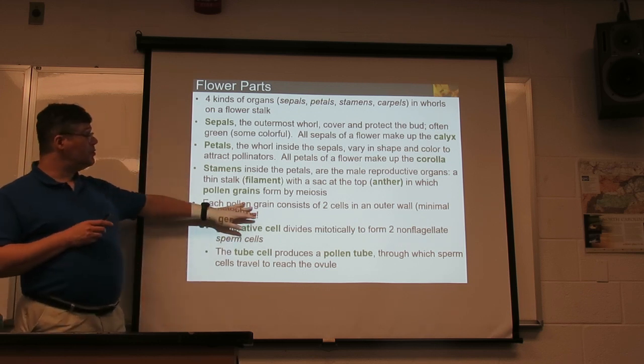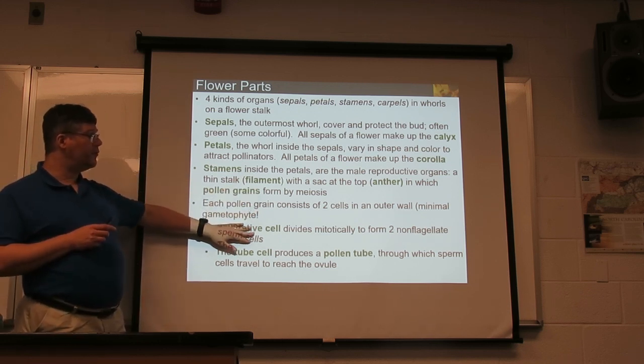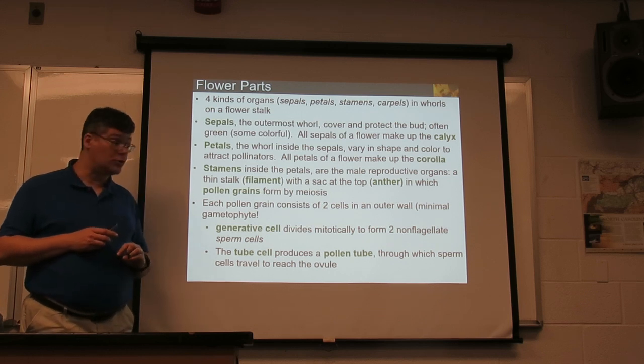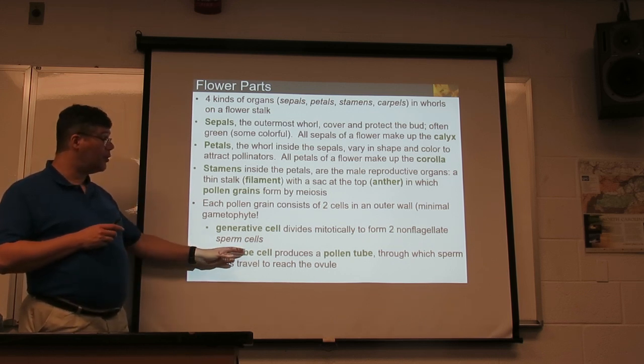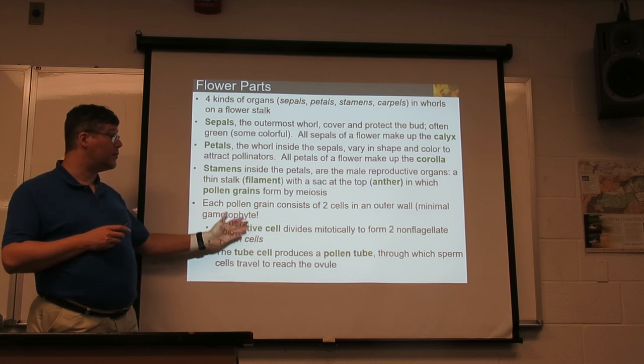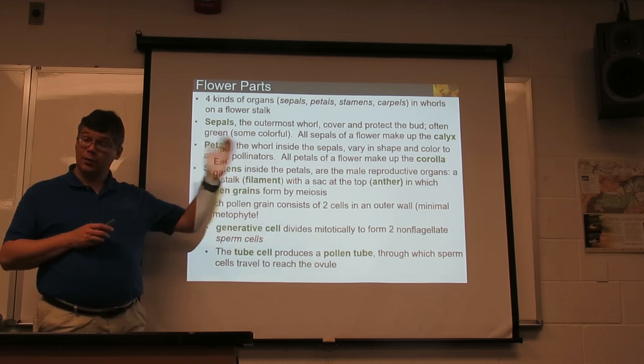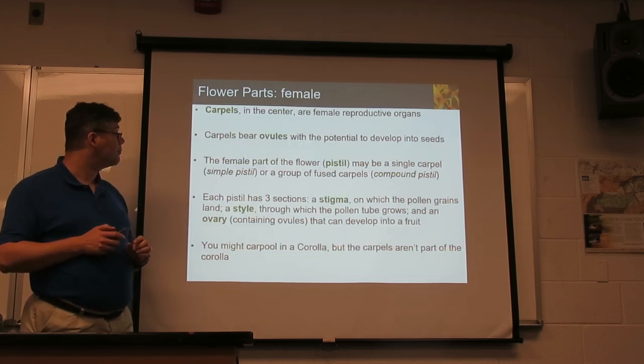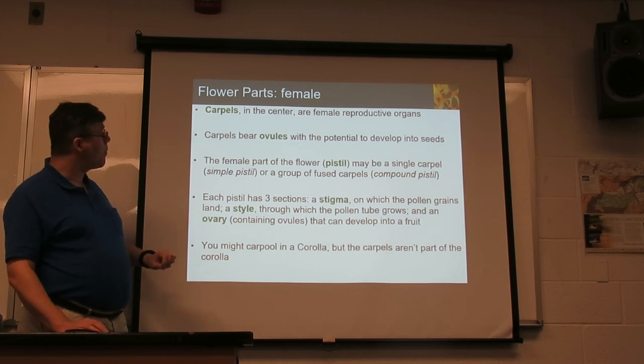One of those two cells in the pollen grain divides to form the two sperm cells. The other grows into a tube that the sperm cells travel in to reach the egg cell. Again, we looked at this in lab.